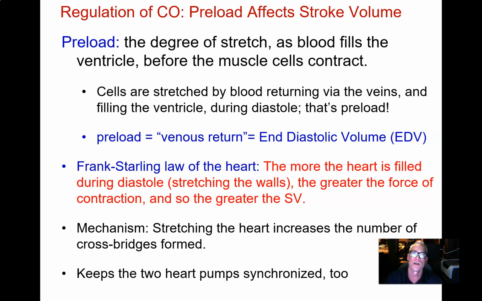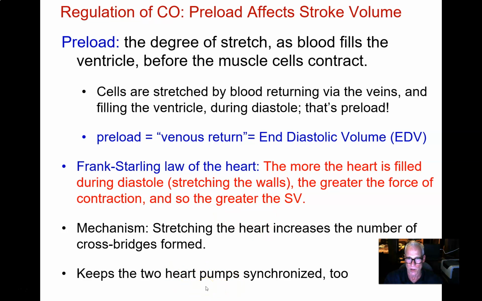So if we return more blood to the heart, it'll just pump away that extra blood without any regulatory system involved, just the mechanical design of the heart itself. That's called the Frank-Starling law of the heart. So if we do anything by way of exercise that helps return more blood to the heart, it will just pump that additional blood out, and right there that'll jack up cardiac output significantly. It's also something that keeps the 2 heart pumps synchronized.